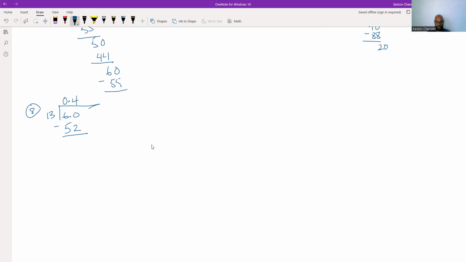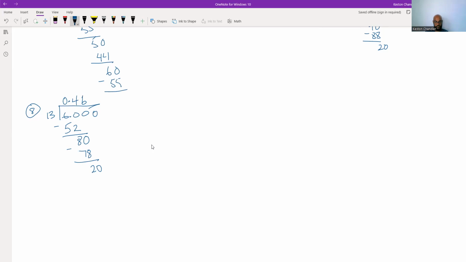When I subtract here, I get 8. I add a 0 and bring down the 0. 13 into 80. 13 by 5 is 65. 13 by 7 is 91, that's too much. 13 by 6 is 78. Take that away from 80, and I get 2.